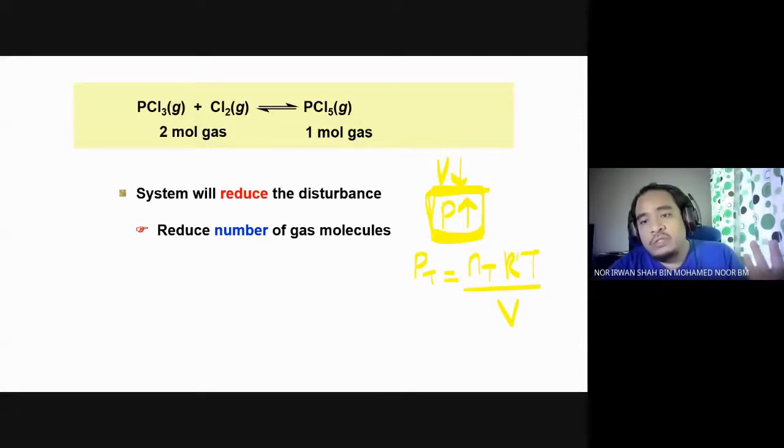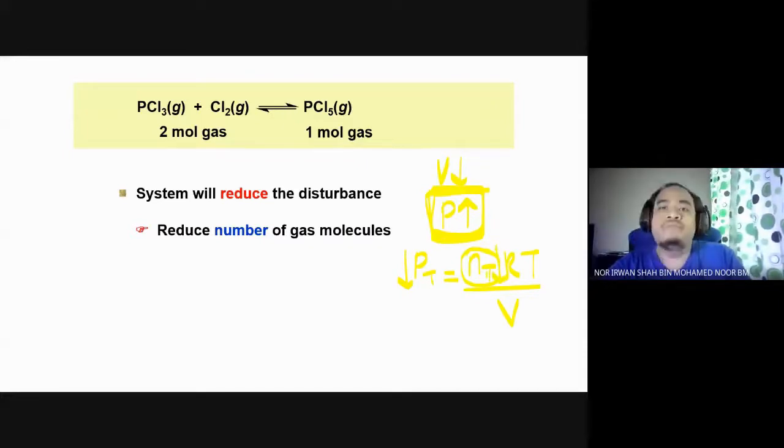So the only thing the system can change in order to decrease the total pressure is to decrease the total number of moles.